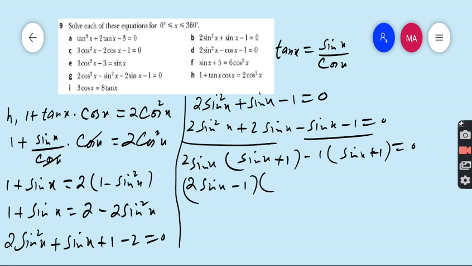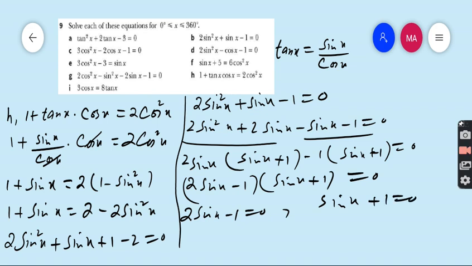So 2 sin x minus 1 and sin x plus 1 is equal to 0. From here, 2 sin x minus 1 is equal to 0, and sin x plus 1 is equal to 0. For this, sin x is equal to 1 upon 2, and for this, sin x is equal to minus 1.